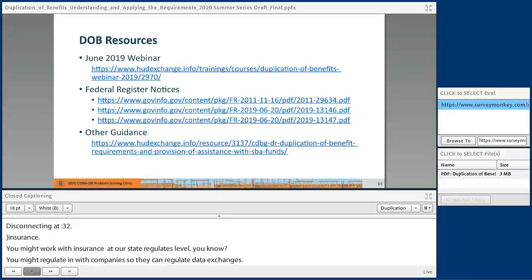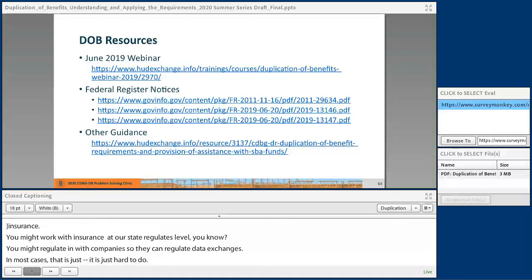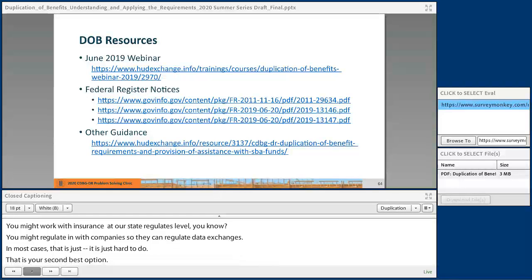And I think after that, you really just need to be diligent about asking multiple times, ask under penalty of perjury, and get some signed certifications.